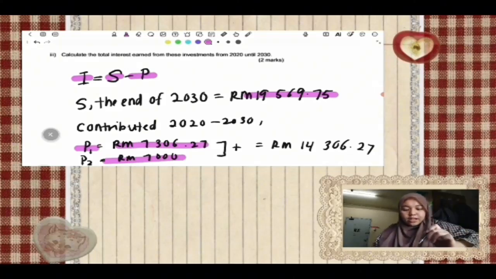Now we need to add both values, and it will equal 40,306 ringgit 27 cents. This is our total invested.